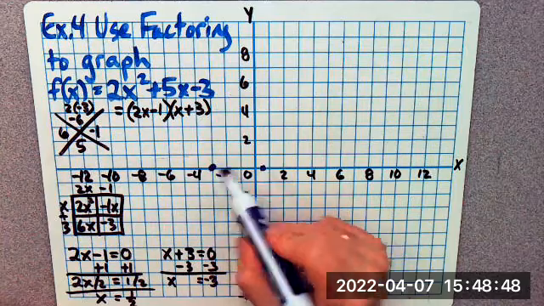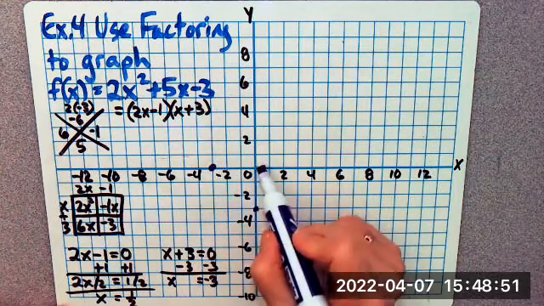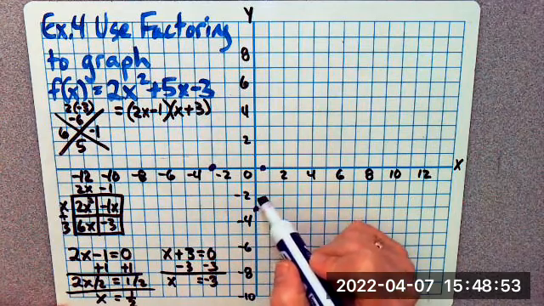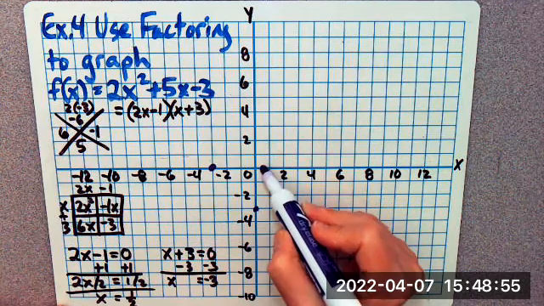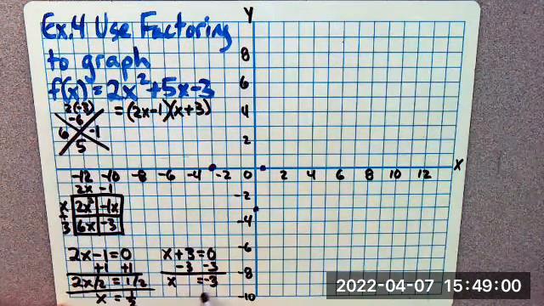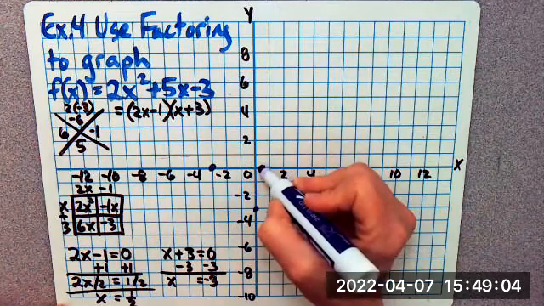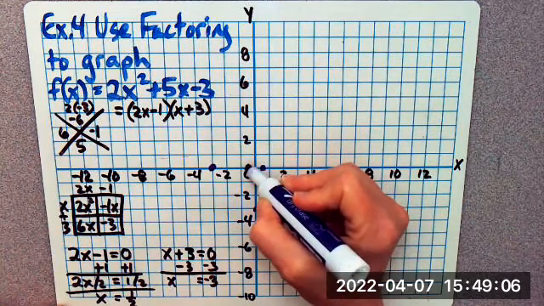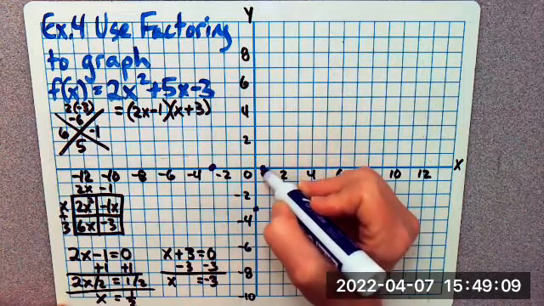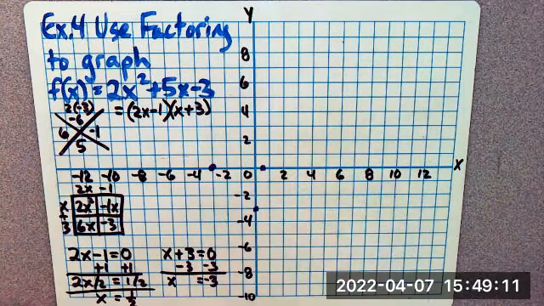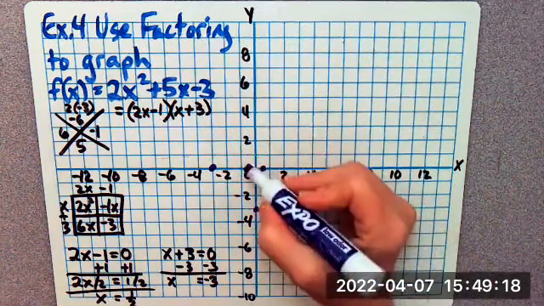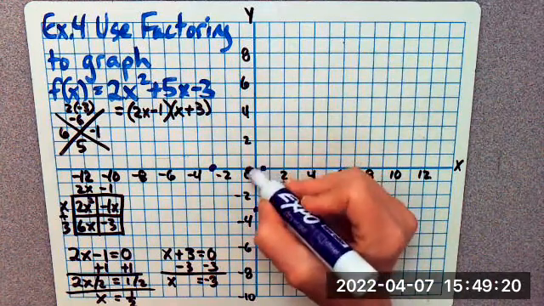One thing I know about points on a quadratic or a parabola is the axis of symmetry is halfway. So if these are 3.5 inches apart, then let's see, 3.5 inches apart, 1.75 would be halfway.